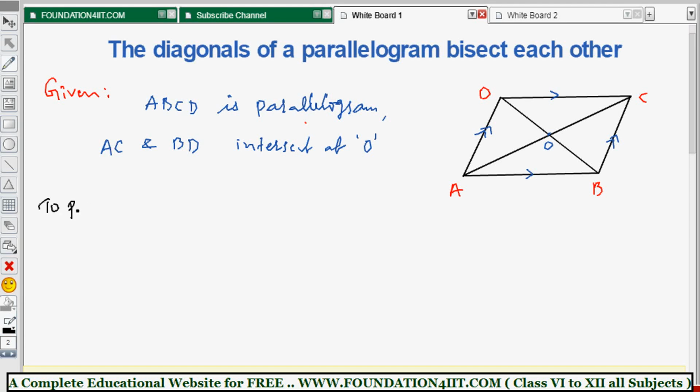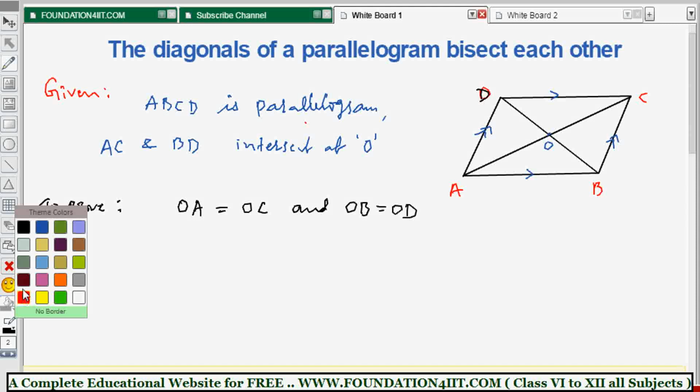To prove: the diagonals of a parallelogram bisect each other, and that means AC and BD. We need to prove, because O is the intersecting point, OA is equal to OC and OB is equal to OD. I need to prove the same.